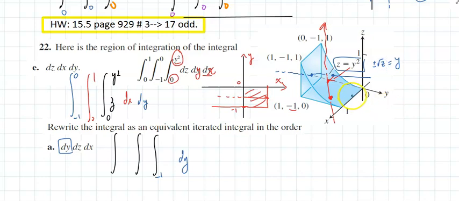In this case, y is negative radical z, because y is to the left of the origin, right? This is y being positive, this is y being negative. And if that's the case, then I'm really looking at nothing more. The only thing I see is a rectangle in the x-z plane, in which x runs from 0 to 1, and z runs from 0 to 1.